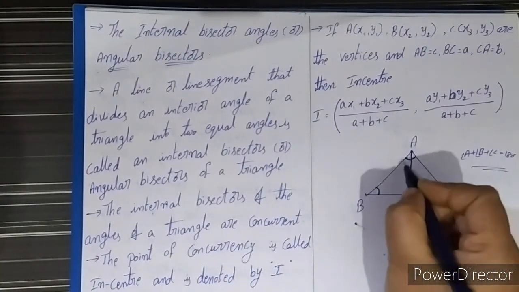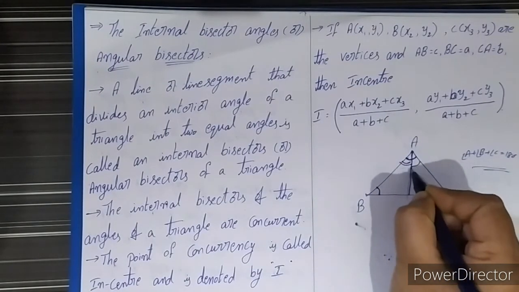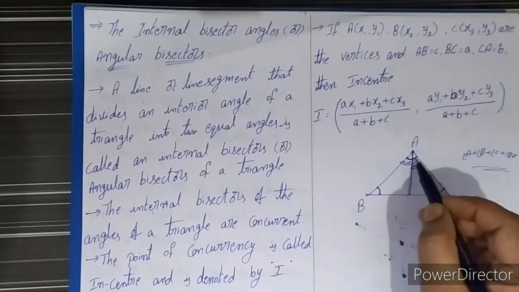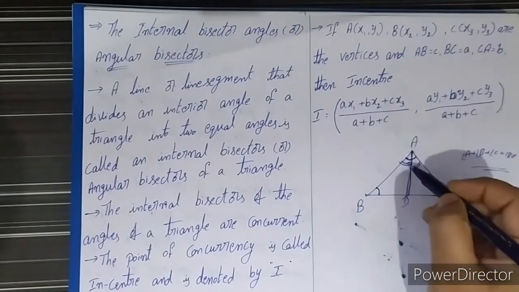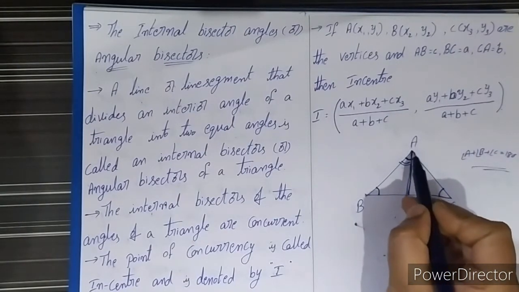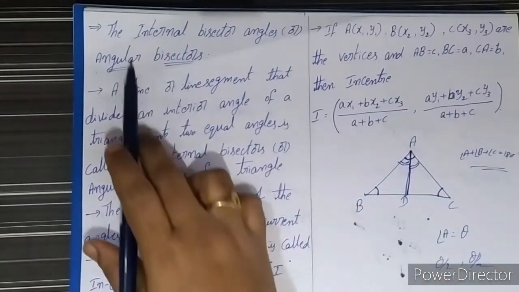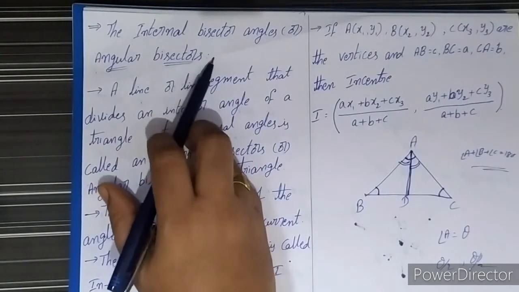Then this angle is equal to this angle. Then a line or line segment, this line AD, let it be D. This line AD divides the angle A into two equal parts. Then that line AD is called internal bisector angle or angular bisector of a triangle.